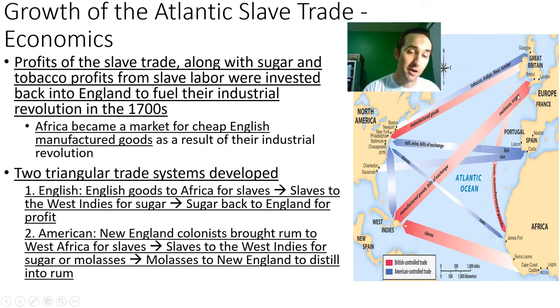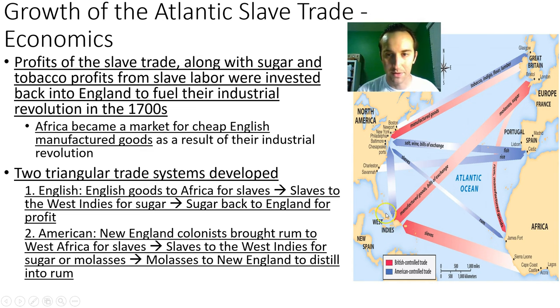We also got a bit of an American triangle, where the New England colonists would get sugar from the West Indies to places like Boston. Boston would create rum. Rum would then be brought over to Africa to be exchanged for slaves. And the molasses would be brought to New England to kind of keep this process going.